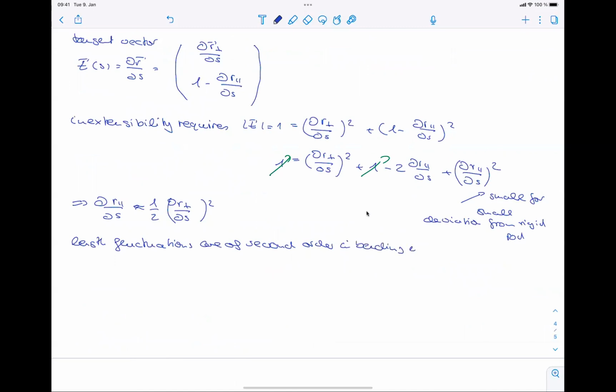And then the next goal with that in hand is that we all of a sudden then can calculate force extension curves again.